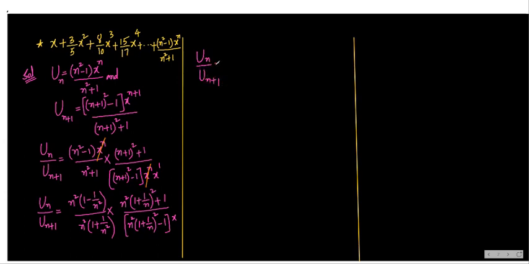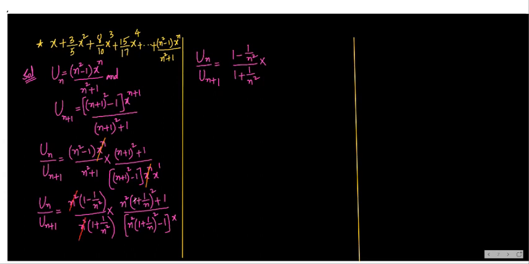Un by un plus 1 is equal to: now here you see once again these two terms are cancelled, and what is left is 1 minus 1 by n square divided by 1 plus 1 by n square. Don't try to cancel it, these are different terms.